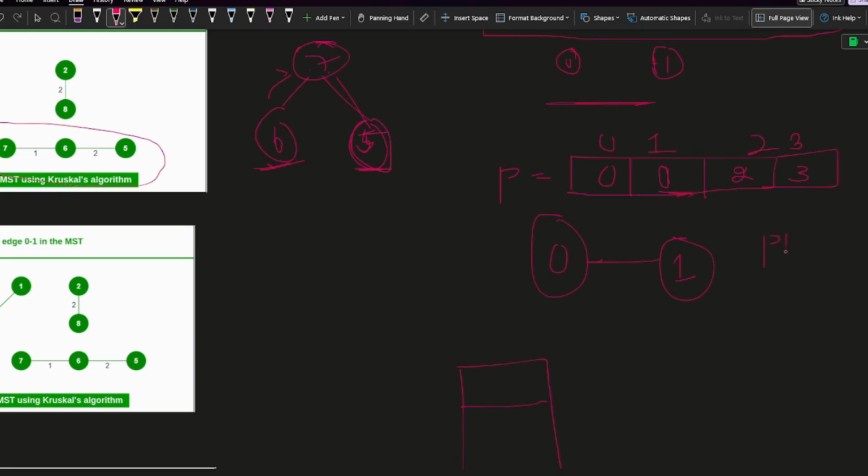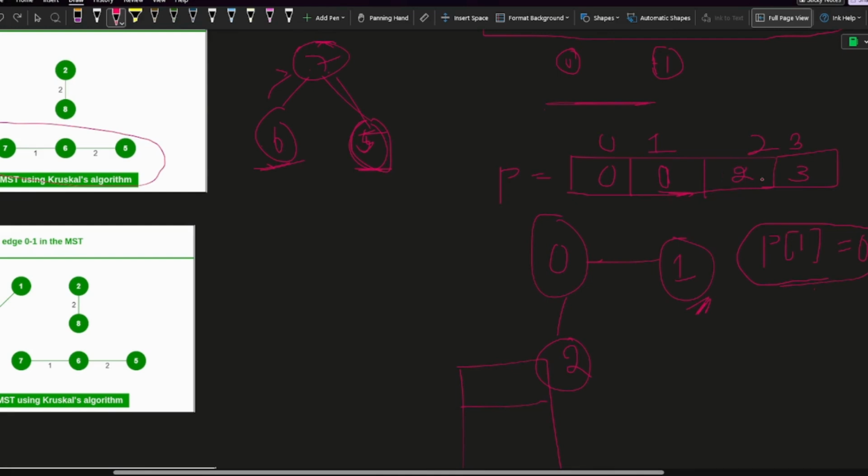If I were to do p of 1, I would get 0. Now if I also connect 2 over here, 0 is 2's parent, so I'm going to mark this to be 0 as well.